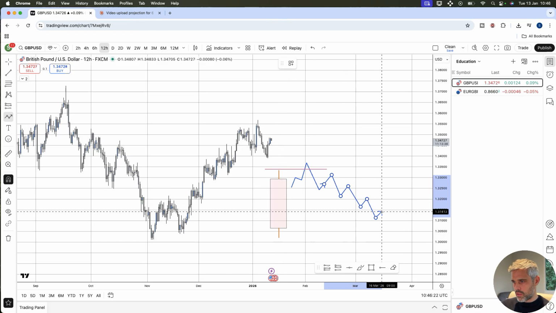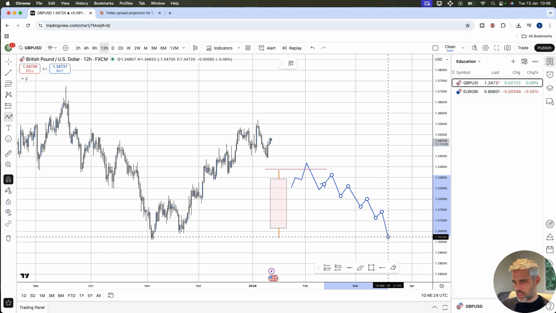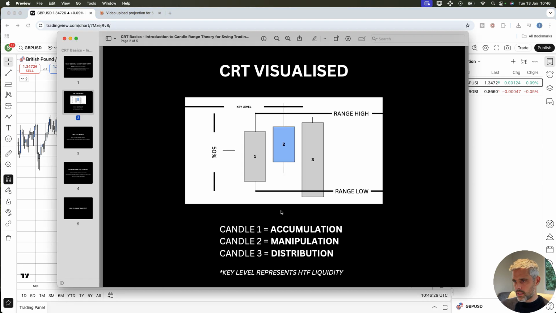But what often happens is that it seeks the liquidity at the low of candle 1. So what you get is this type of action where you have candle 1, candle 2 manipulates above the high, and then candle 3 accelerates to seek liquidity at the low of candle 1. And this is basically what you're seeing on your charts across all time frames, and this is candle range theory.